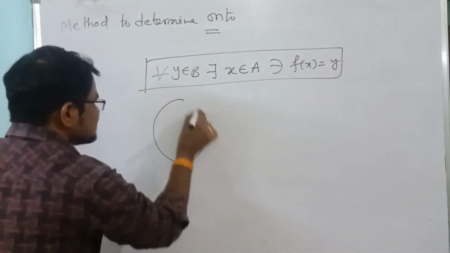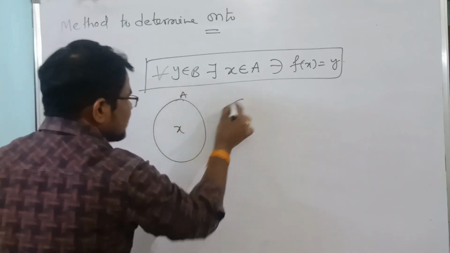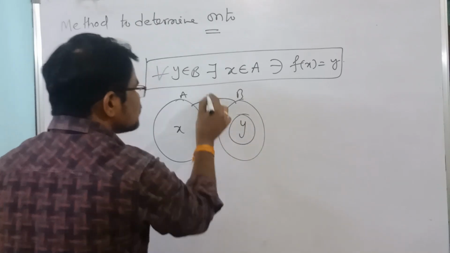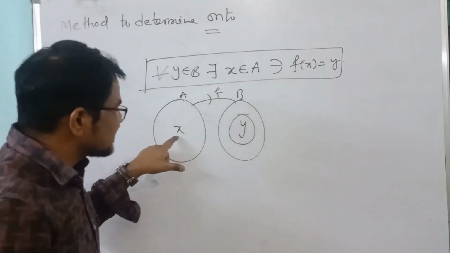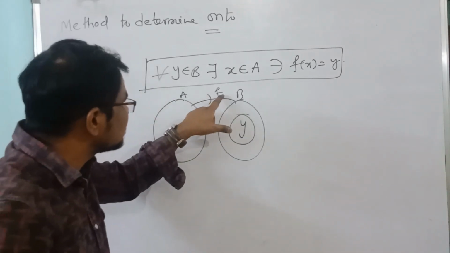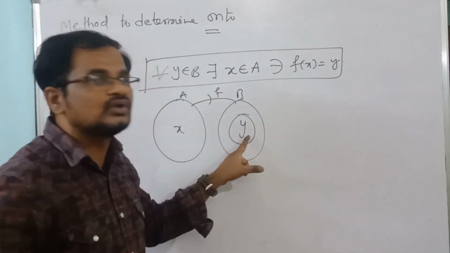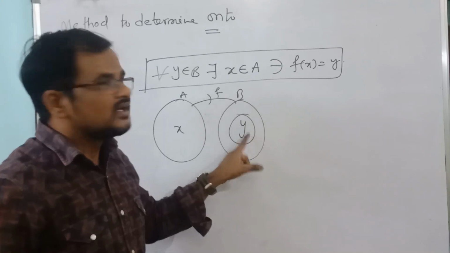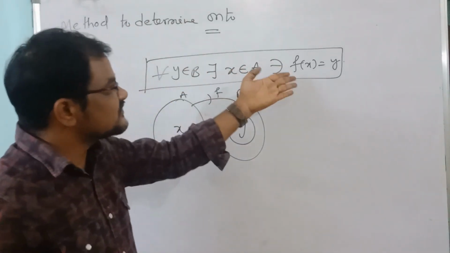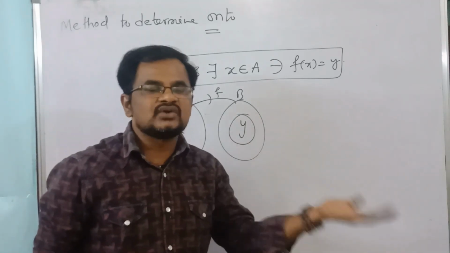Here x is there, here y is there. Understood? Then we can say the function is onto.